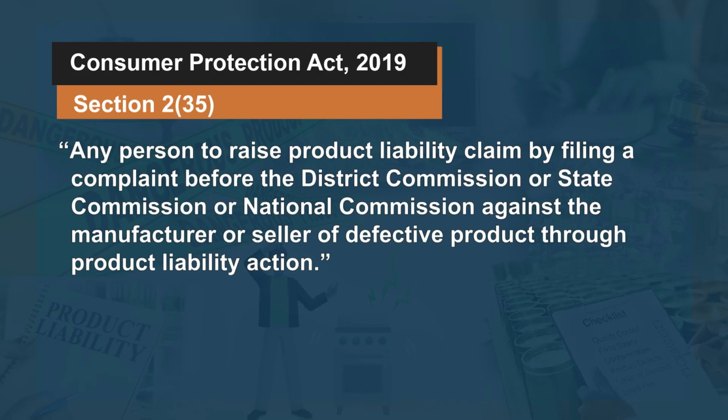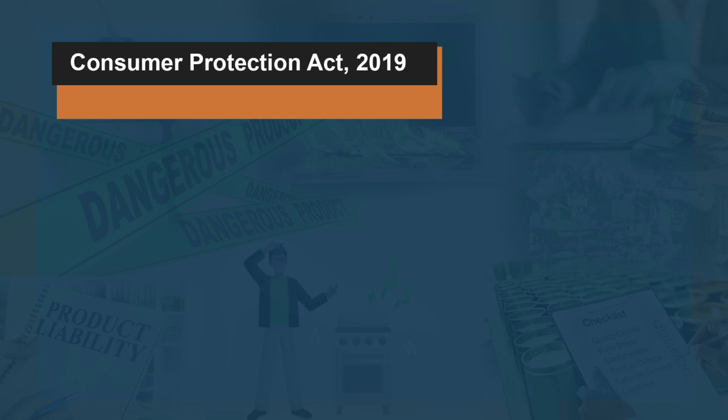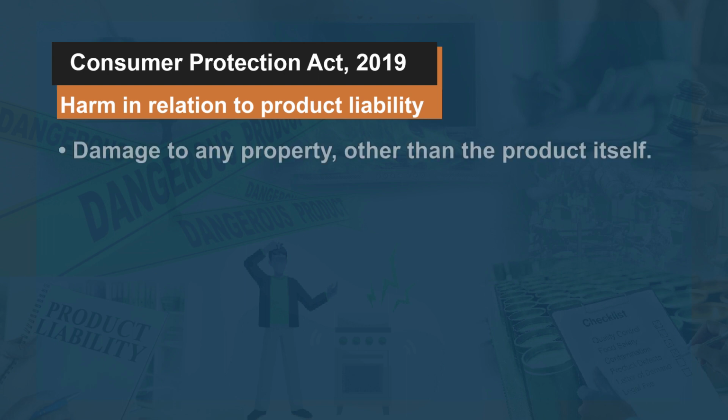More significantly, the 2019 Act enables any person to raise a product liability claim by filing a complaint before the District Commission or State Commission or National Commission against the manufacturer or seller of a defective product through a product liability action under Section 2, Clause 35.